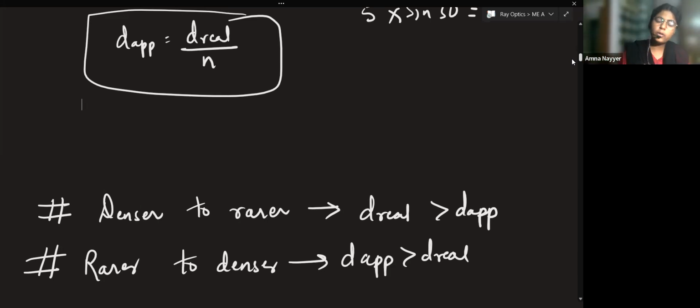But if the object is kept in a rarer medium and the light rays go into the denser medium, then the object is actually at a shallow distance, but you will see the image formed at a greater depth. Because in that case, apparent depth becomes greater than the real depth. Noted till here?